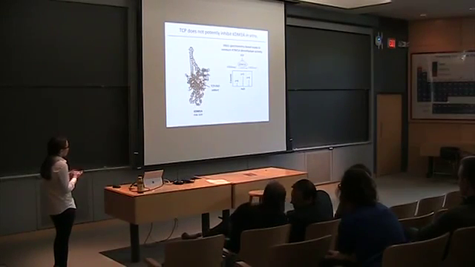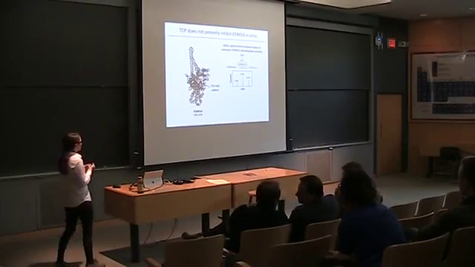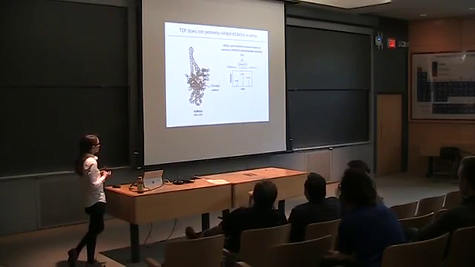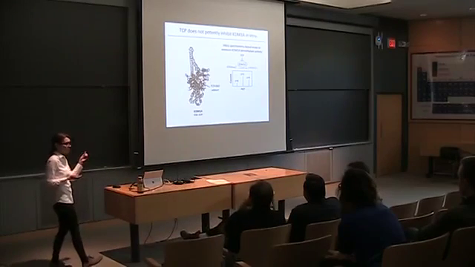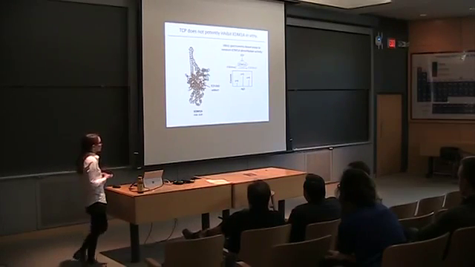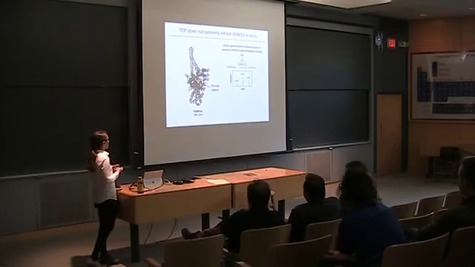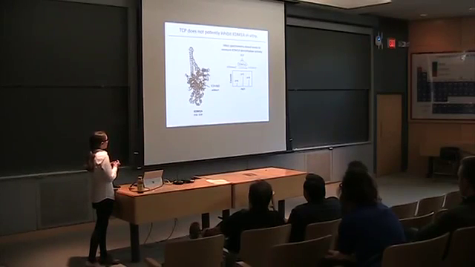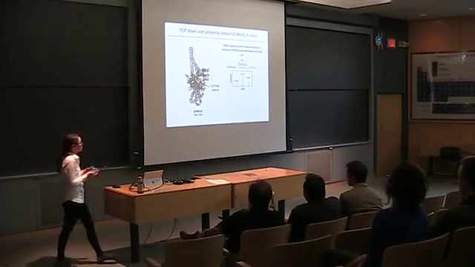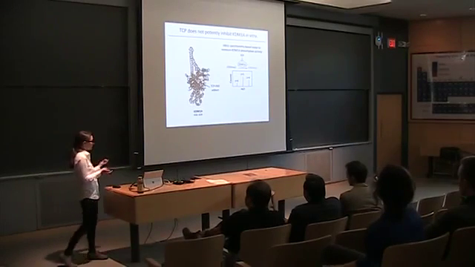KDM1A will use its amine oxidase chemistry to demethylate from the dimethyl to the monomethyl group, which is a very small difference in substrate, but no problem for a mass spectrometer to detect. And then you can add in a small molecule such as TCP and measure the inhibition of that demethylation reaction.